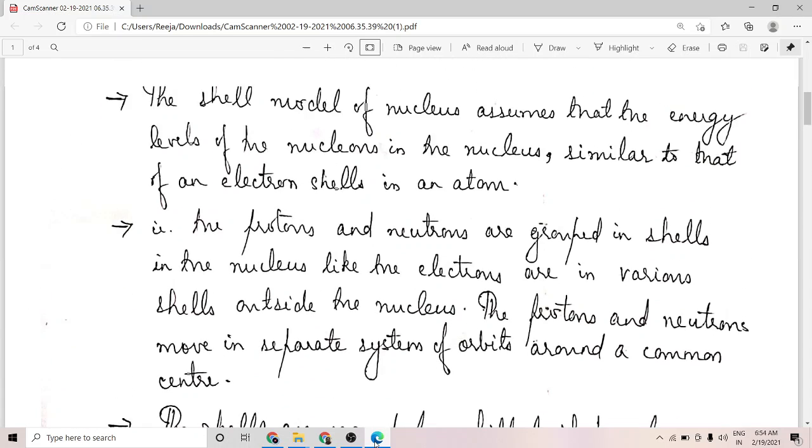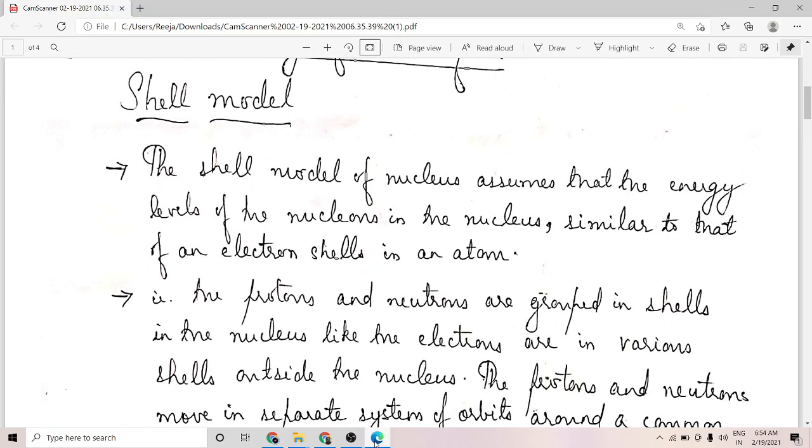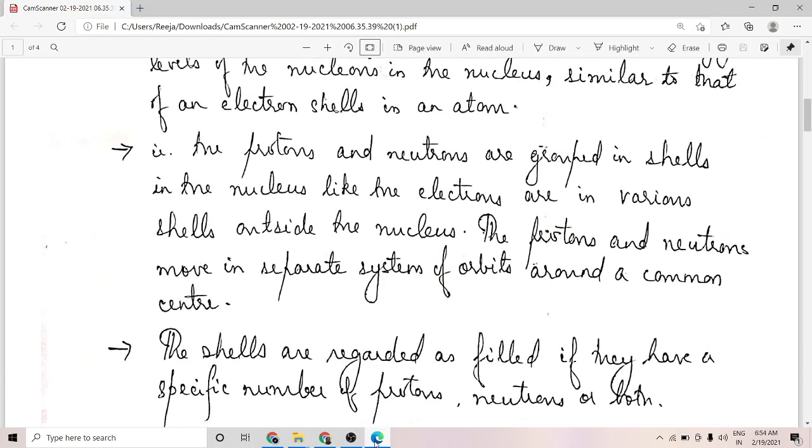So, as per the shell model, the nucleons in the nucleus are arranged in energy levels just like the electron shells in an atom. The protons and neutrons are grouped in separate shells, and they move in their own system of orbits around a common center. The shells are regarded to be completely filled when they reach a specific number.